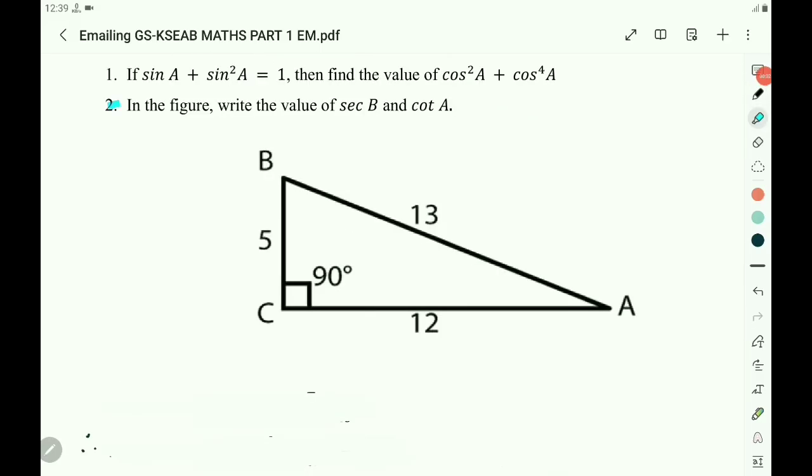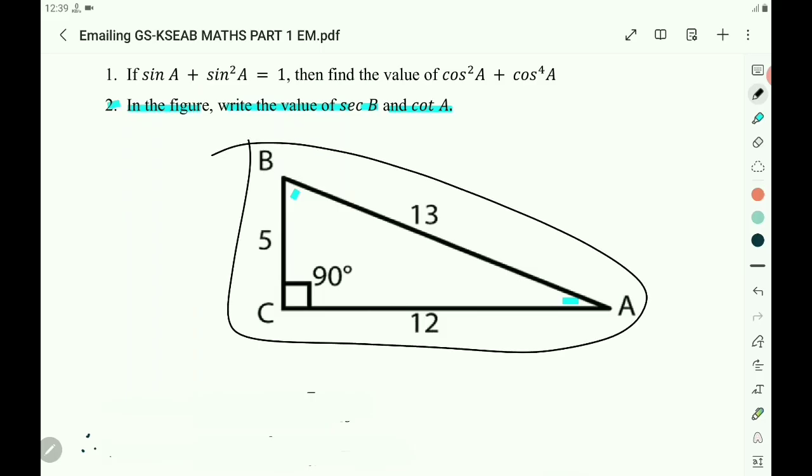Question number 2. In the figure, write the value of secant B and cot A. Observe the figure. In the right angle triangle BCA, all the three sides are given.